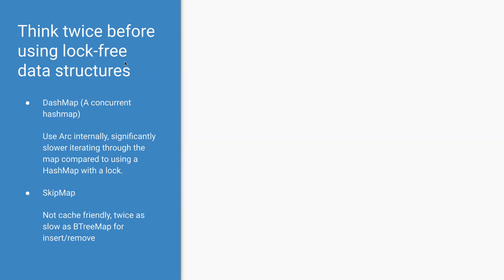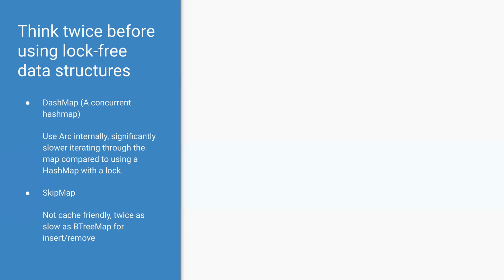And the final lesson is that you really should think twice before using a lock-free data structure. A lock-free version may not always be a drop-in replacement of the original data structure, and we have experienced two lock-free data structures that would actually slow down the performance.